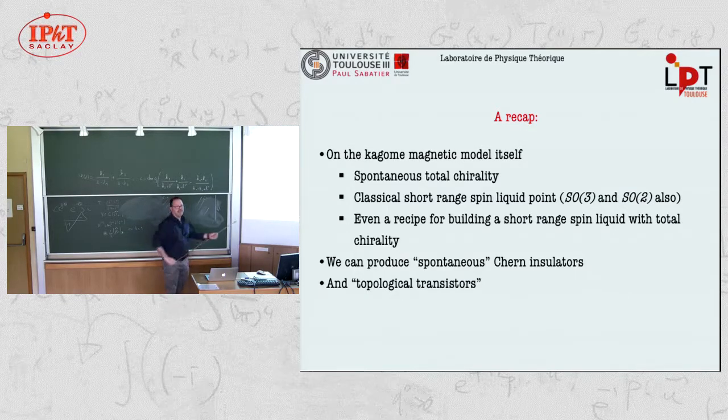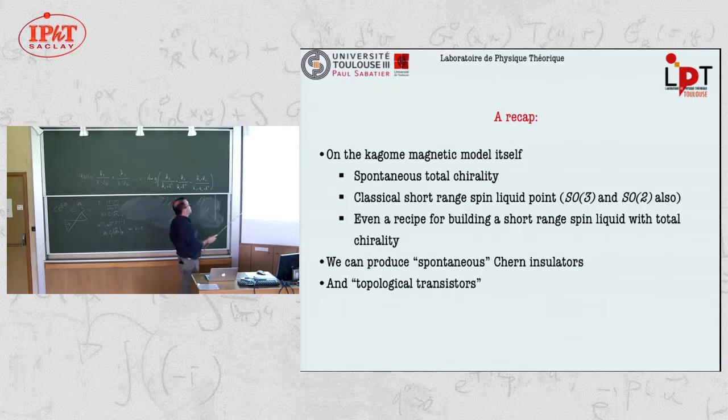So we see that there are different ways of building a configuration in which a spontaneous chirality, net chirality, not alternating chirality like in the Q-BOC, but net chirality, appears with a spontaneous symmetry breaking, and you can have either positive or negative chirality.